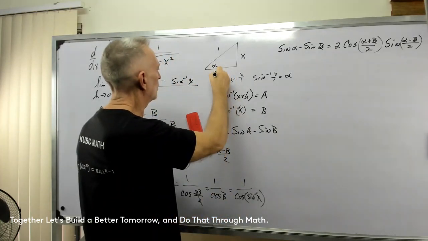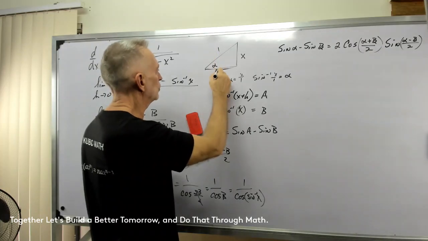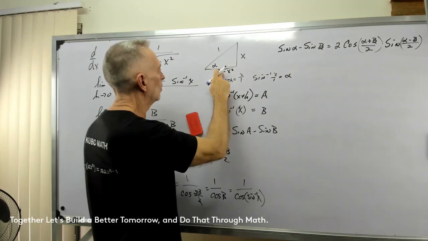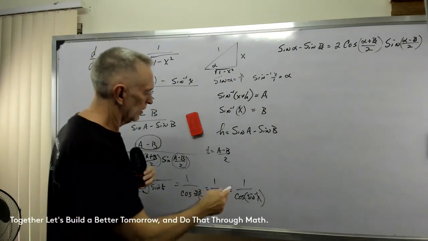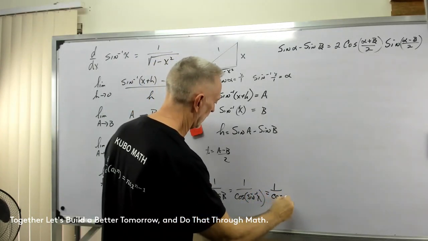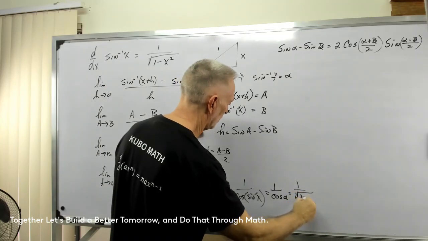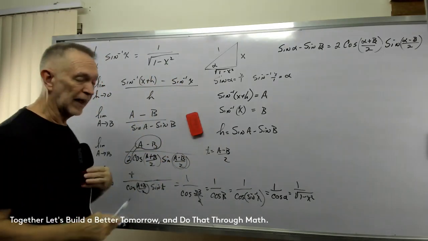So what is the cosine of alpha? If this is x over 1, the hypotenuse is 1, we have 1 squared minus x squared, and 1 squared is 1, so the square root of 1 minus x squared. So we have 1 over cosine of that alpha equals 1 over the square root of 1 minus x squared. And that's where that comes from.